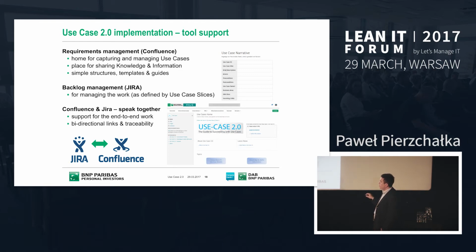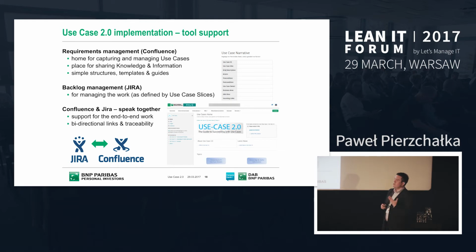One part which is also very nice about these tools is that Confluence and Jira speak together. So we can link the use case model, the use cases, with the backlog items from the business backlogs, the use case slices, and then also with the user stories and the special tasks the development teams work on.